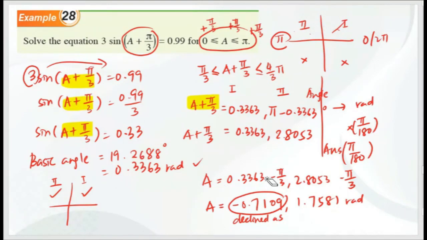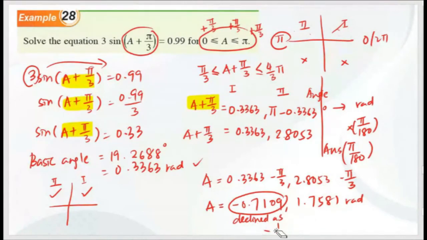The value for sine will be in between 0 and 1.